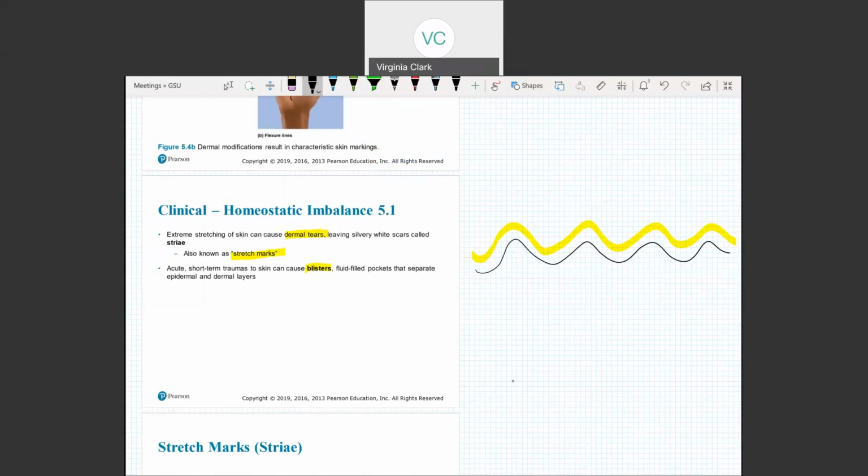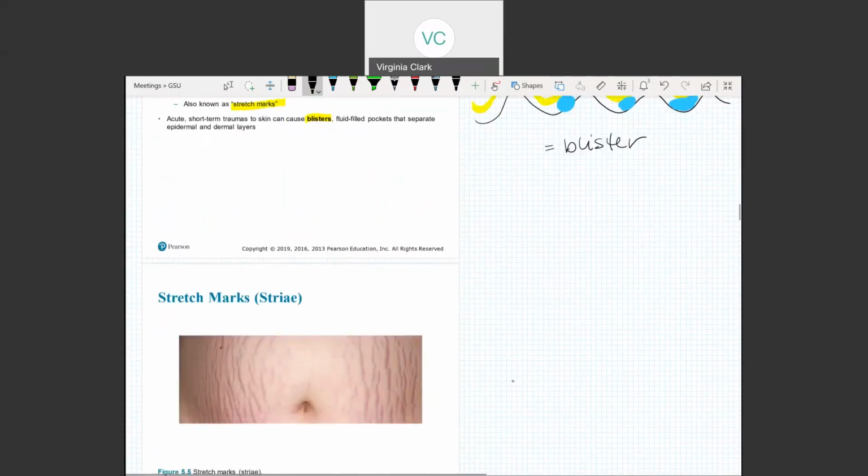So you will separate these two layers and it will be formation or collection of liquid that will then separate the epidermis and the dermis. And that is what you get when you are having a blister. It's the pocket of fluid that's in between the two layers.